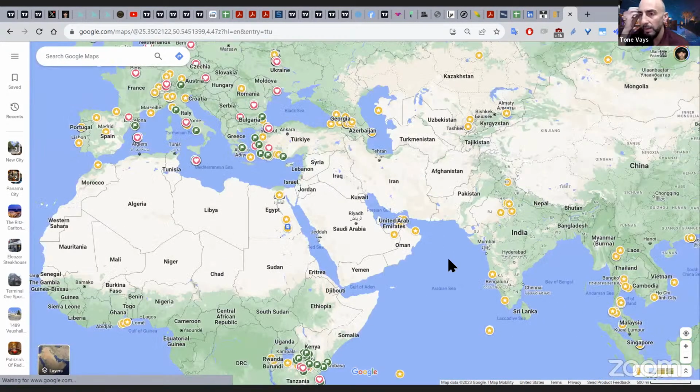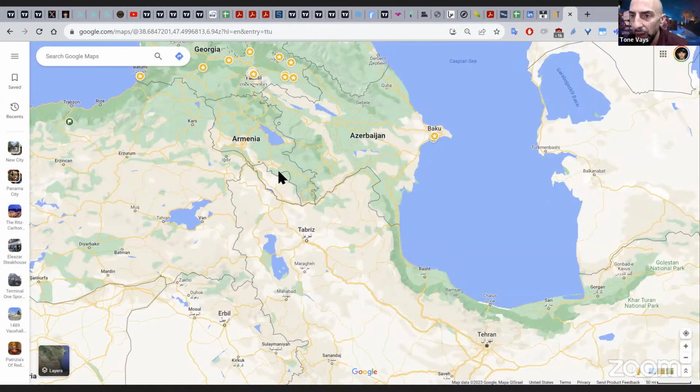Really great strategic position. And if Armenia becomes a little landlocked thing, Azerbaijan can just take most of it, right? Armenia now has no protection whatsoever. No, America ain't gonna help Armenia, especially now with Israel breaking out.